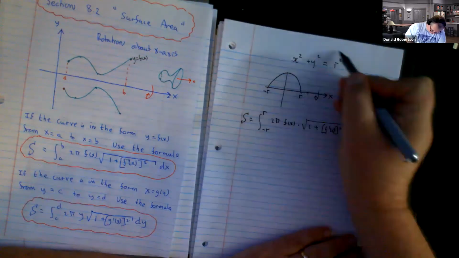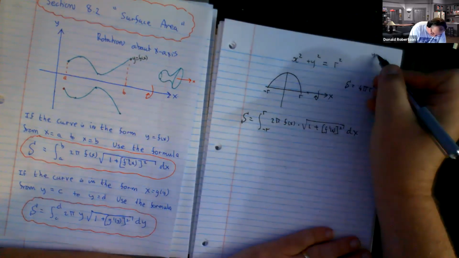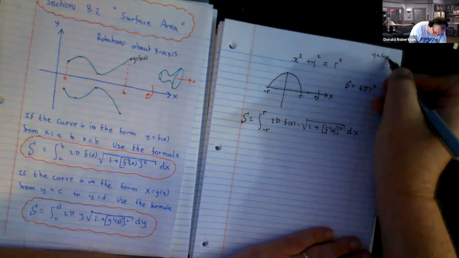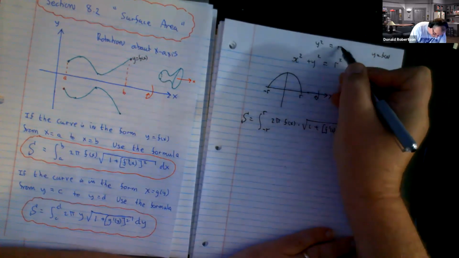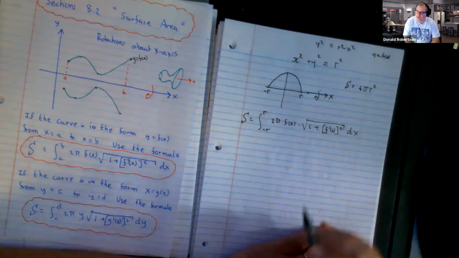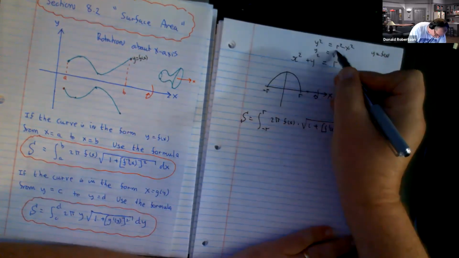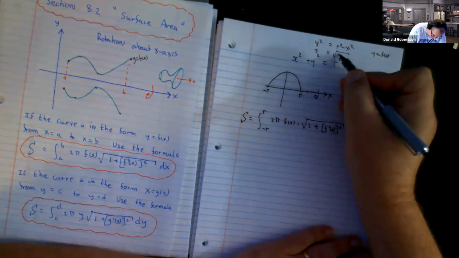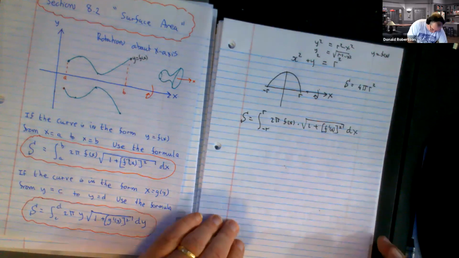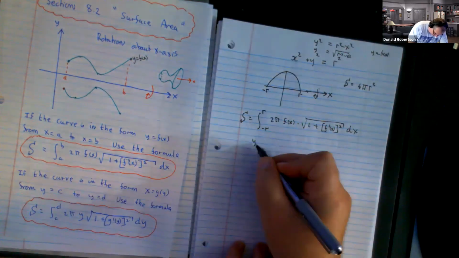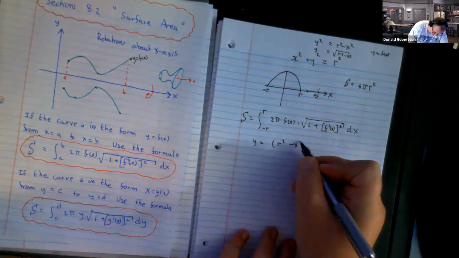Except this formula isn't written down as y equals an f of x. So let's see if I can make it. Would you agree that it's that guy for y squared? So won't y just be the positive, because it's the top half of this guy? So y is going to be r squared take away x squared to the half power.